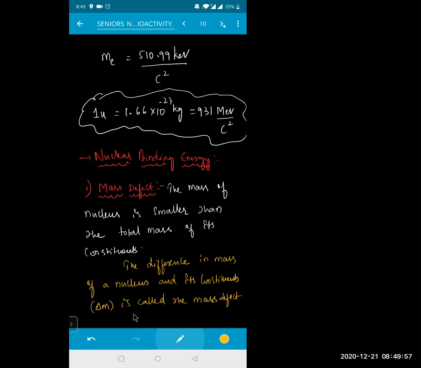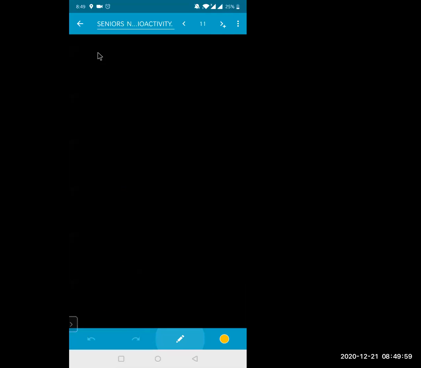Okay, so I can write the formula for this one as mass defect delta m will be equal to Z into mass of protons plus N into mass of neutrons minus mass of nucleus, M. Here Z is the number of protons and N is the number of neutrons. So this is your mass defect.